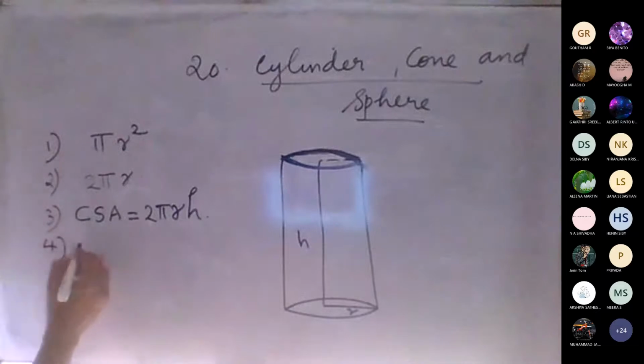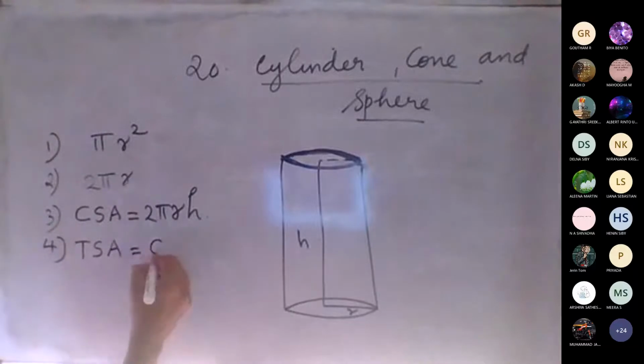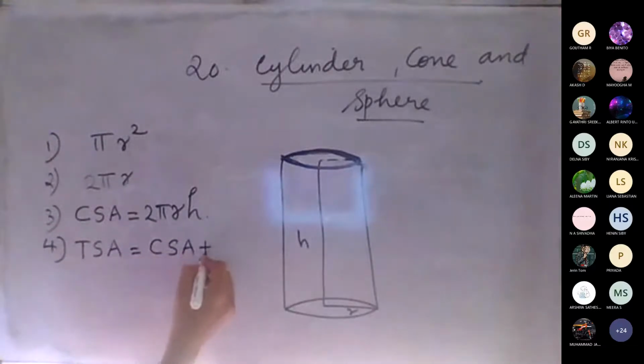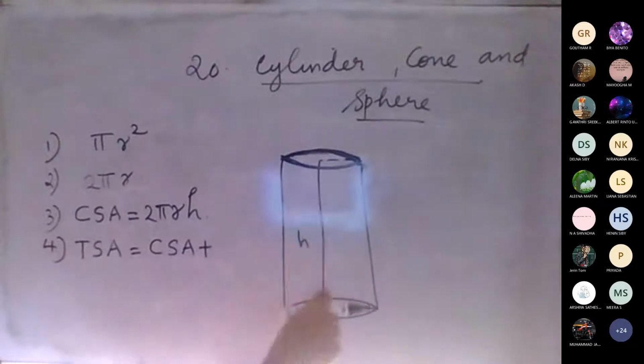Then fourth one, total surface area, which we can represent as TSA. Total surface area is equal to curved surface area plus two cross sections.